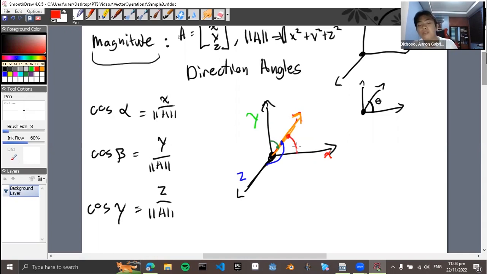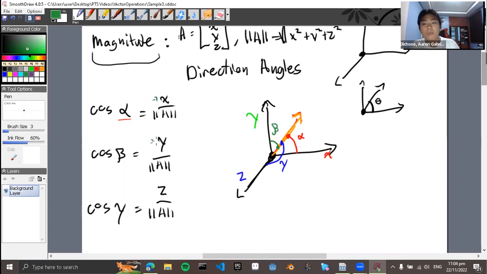Therefore, we have 3 different types of angles that describe the direction of a vector, and these are called the directional angles. These are computed as such. Basically, alpha here is this, gamma is this, and yung beta is this. So it is just the corresponding component.